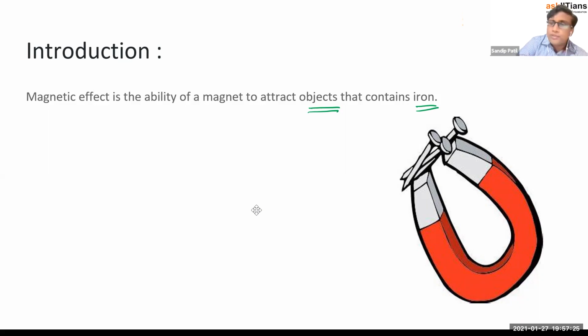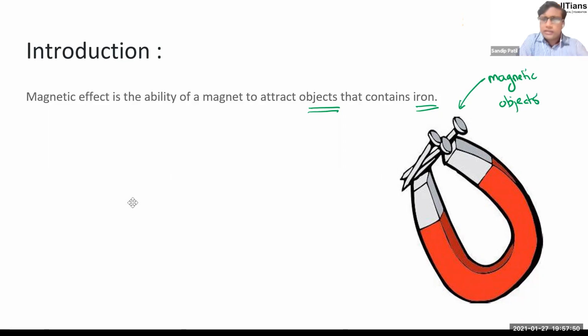So whatever objects get attracted by the magnet, we are going to call those magnetic objects. For example, iron, right? And the others which the magnet does not attract, we are going to call non-magnetic materials or non-magnetic objects.